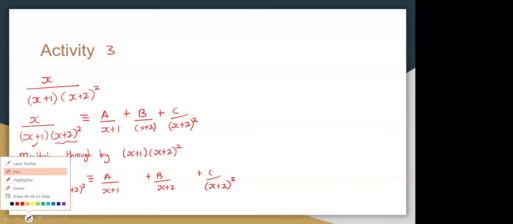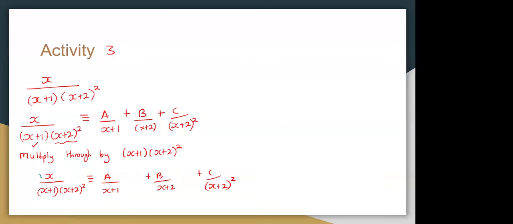So you are going to multiply all through. Here I will multiply by x plus 1, x plus 2 squared. I will come here, x plus 1, x plus 2 squared. This is going to be x plus 1, x plus 2 squared. x plus 1, x plus 2 squared.